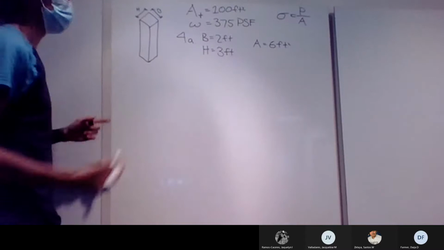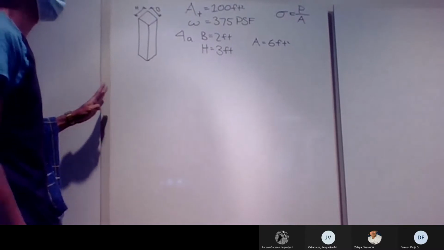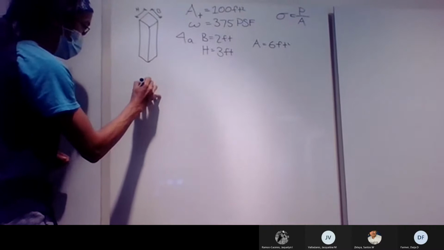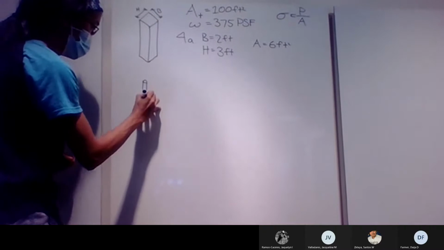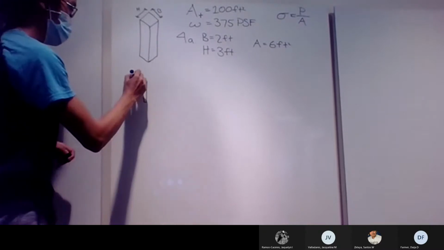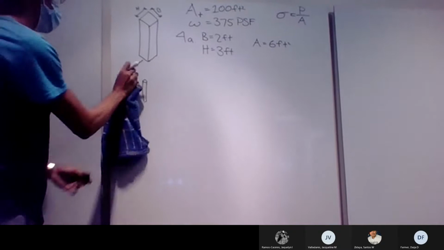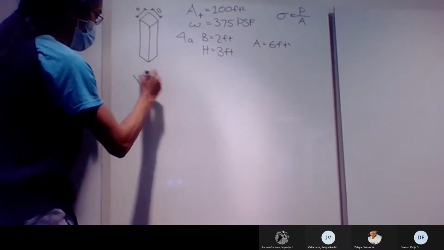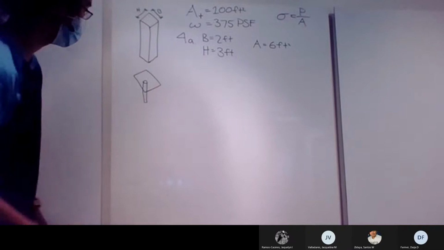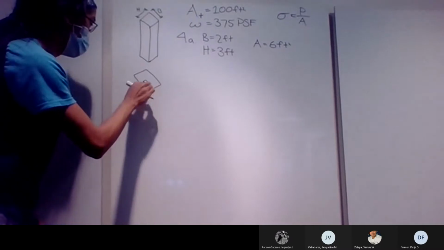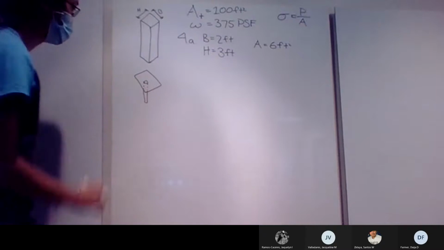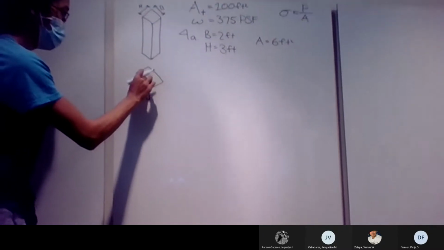I think how this works is, I'm just going to make a tiny little illustration right here. We have a column, and then we have a slab on top of that column. It looks terrible, but you get the idea.